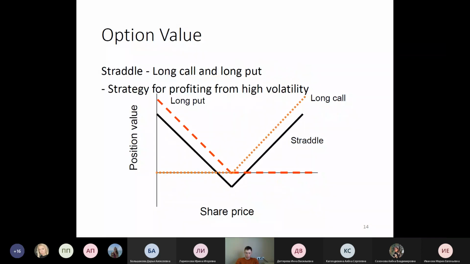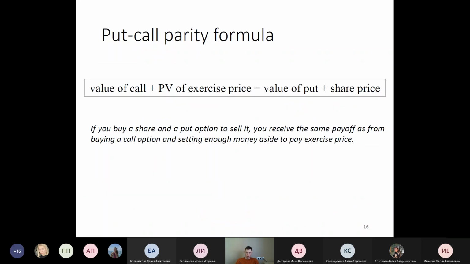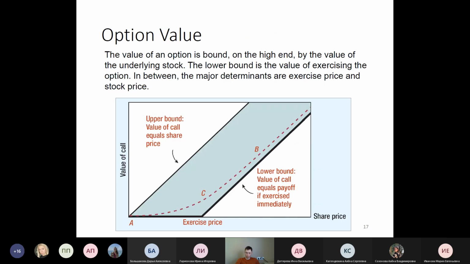With this principle, we estimate the price of the options. This is the put-call parity that is very useful for us because we can estimate the value of the call option and directly from this estimate the value of the put option.